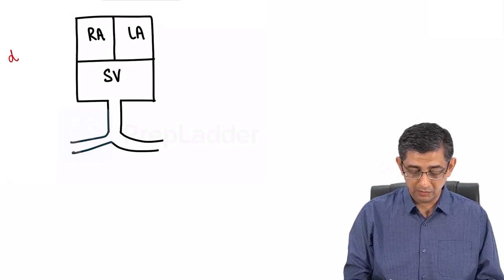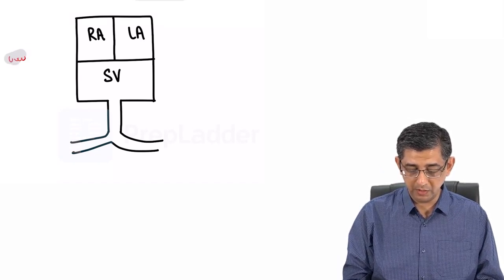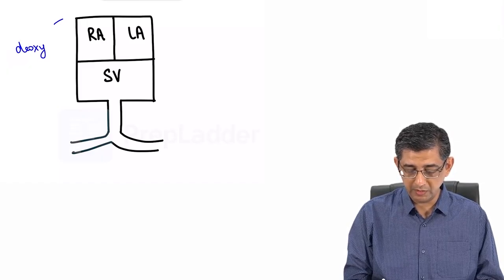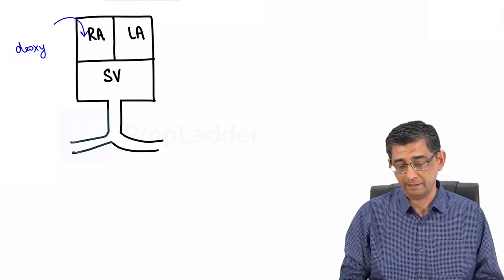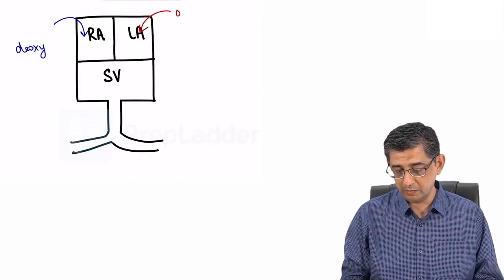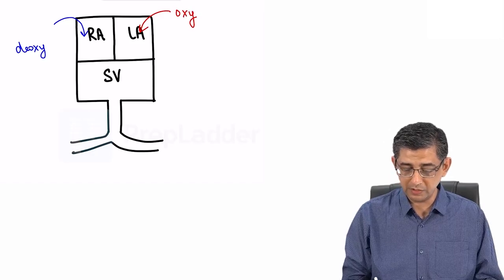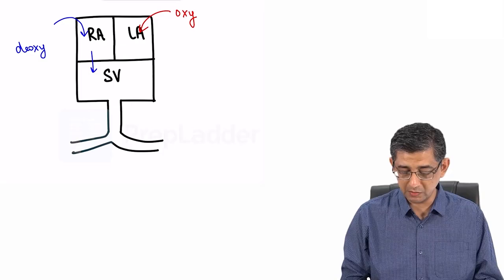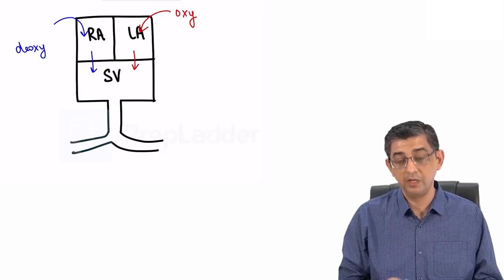Well, if it is deoxygenated blood, I can just highlight that with blue color. Deoxygenated blood is coming into the right atrium; in this case oxygenated blood is coming into the left side, and then obviously it will mix. So that mixing is one explaining the cyanosis component.